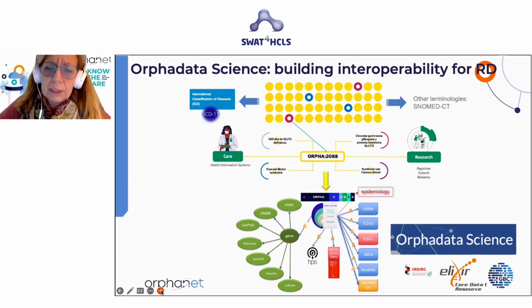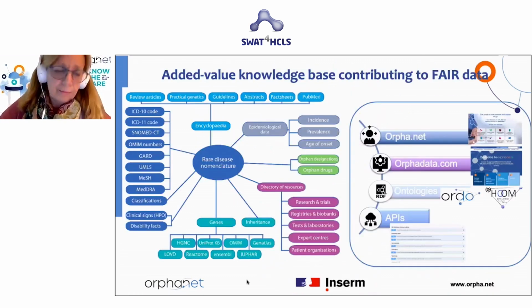So putting all this together, you have a resource based on a classification and an ontology that puts together all the elements around the knowledge on rare diseases in a way that makes these elements reusable for research.